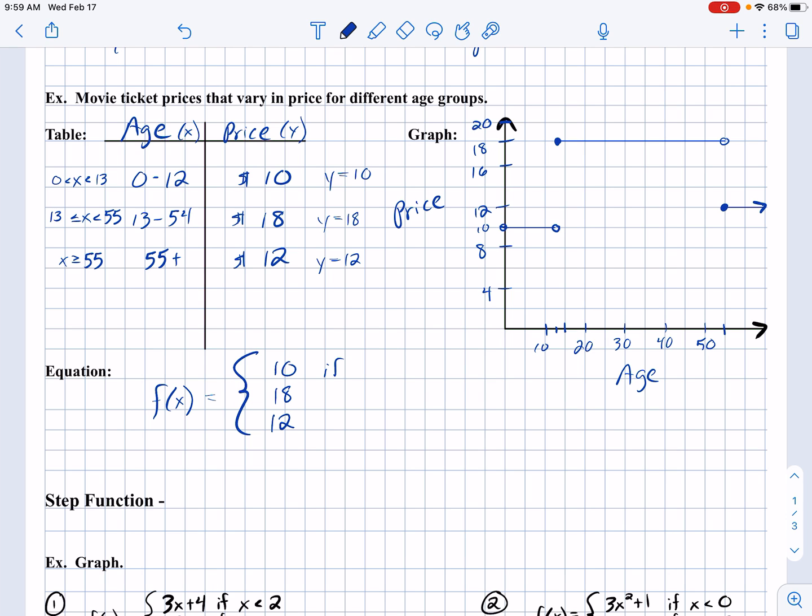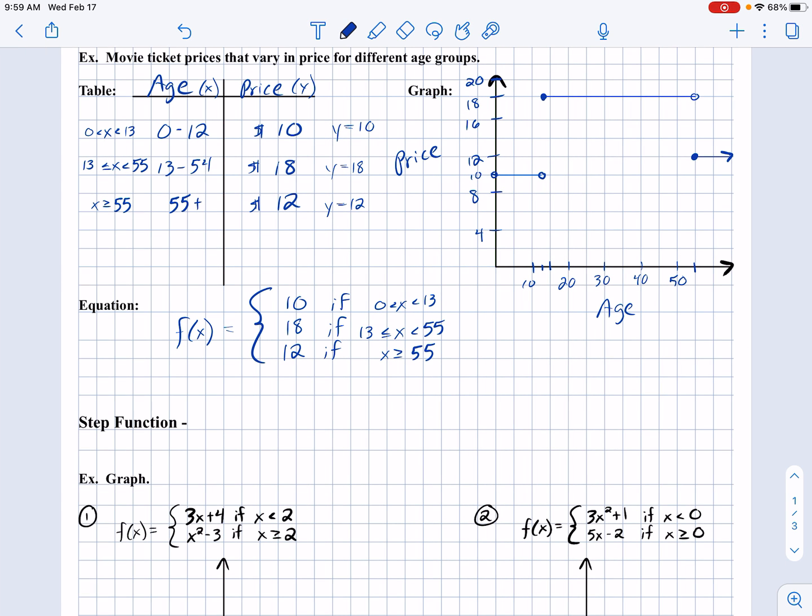And then you need to state the domain restrictions. So if x is less than 13, greater than 0. If x is less than 55, greater than or equal to 13. If x is greater than or equal to 55. And that equation right there represents the above graph.